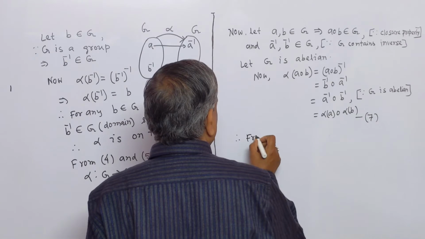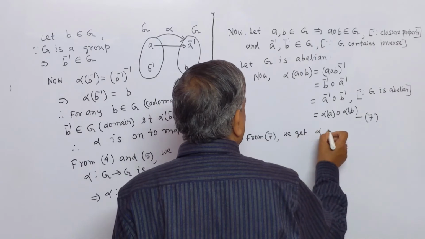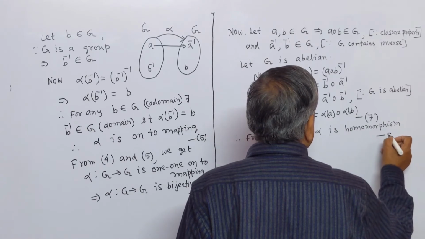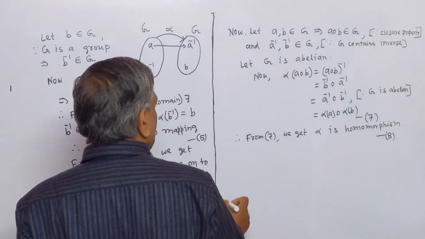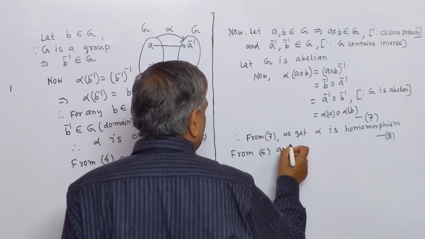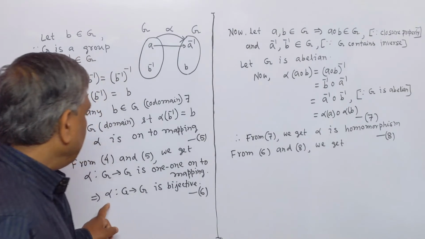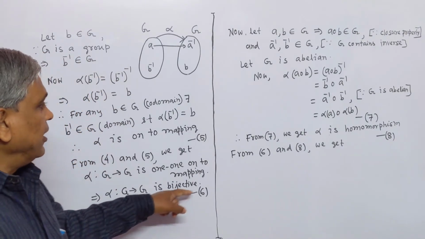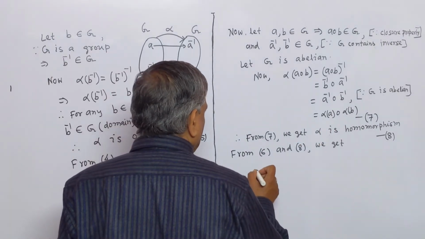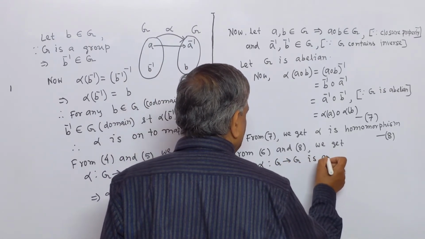Therefore, from 7 we get alpha is a homomorphism. This is number 8. From 6 and 8 we get, in 6 alpha is a bijective mapping, and in 8 alpha is a homomorphism. Therefore, alpha defined on G into G is an isomorphism.